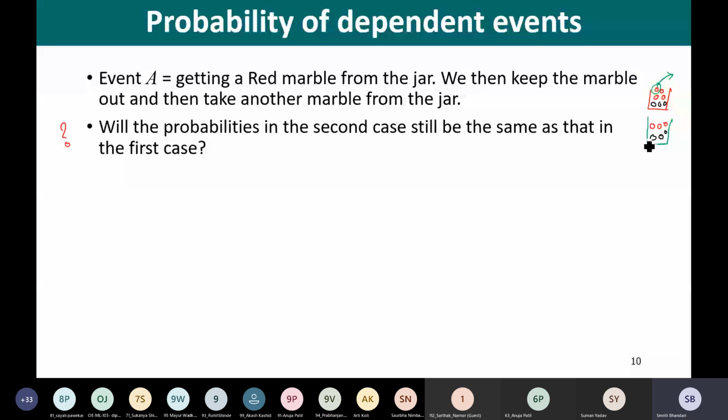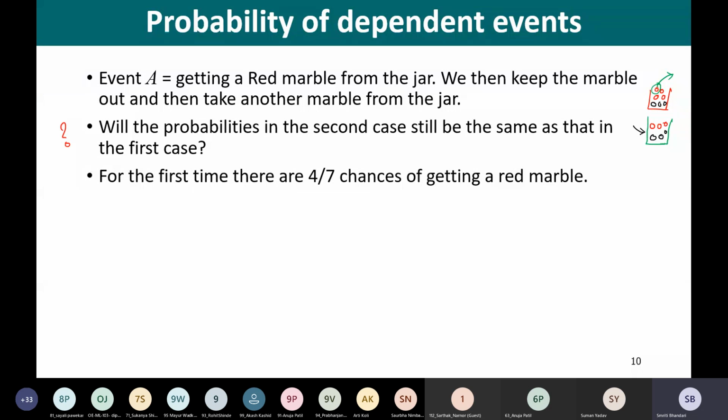And then I'm taking another marble from this jar. Are the probabilities in the second case still the same as in the first case? Obviously not.